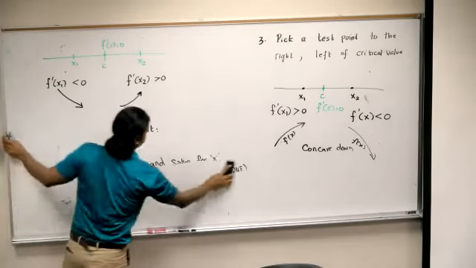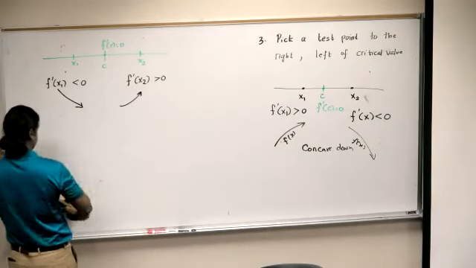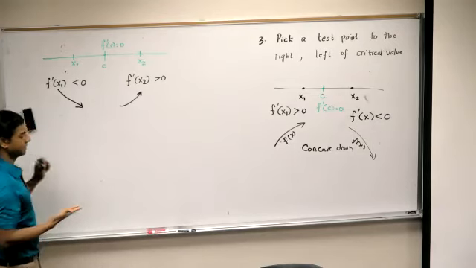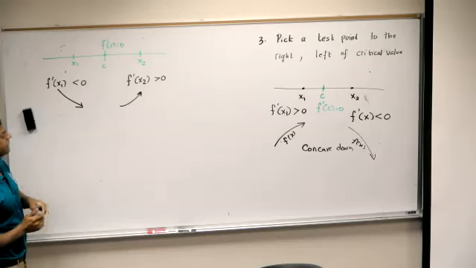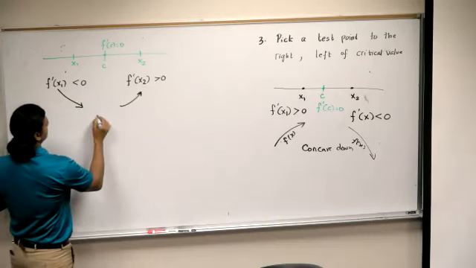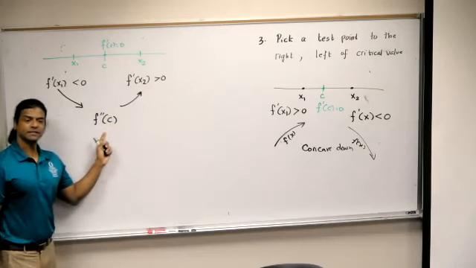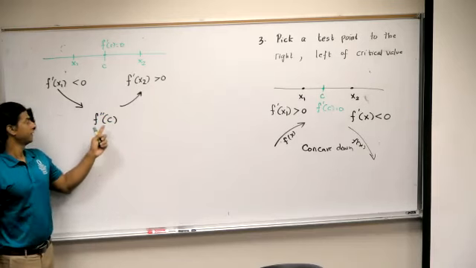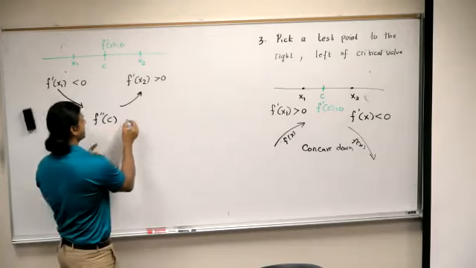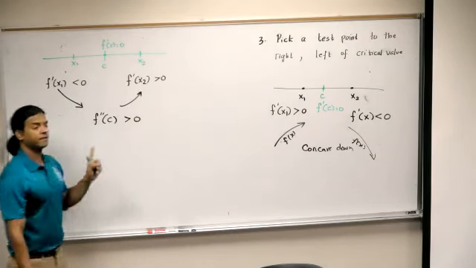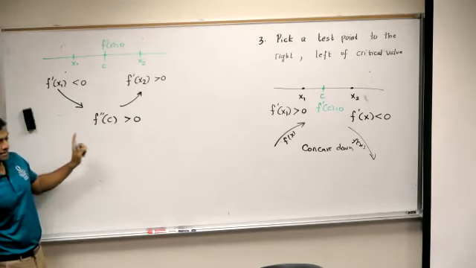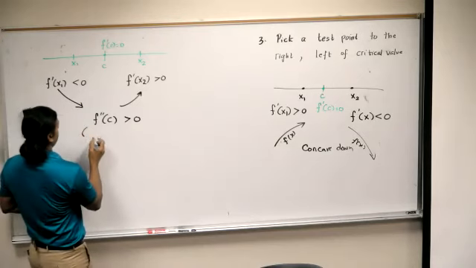Another way to verify if you actually have a minimum or a maximum, when it exists, is to take the second derivative and plug in the critical value.